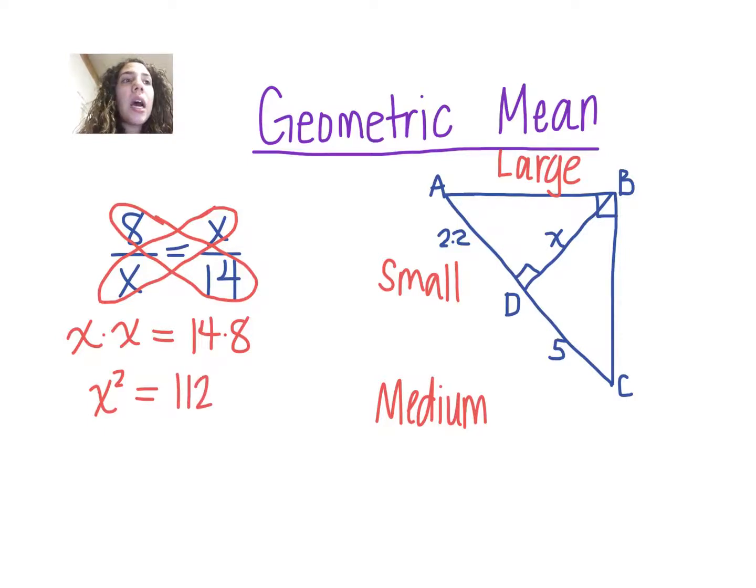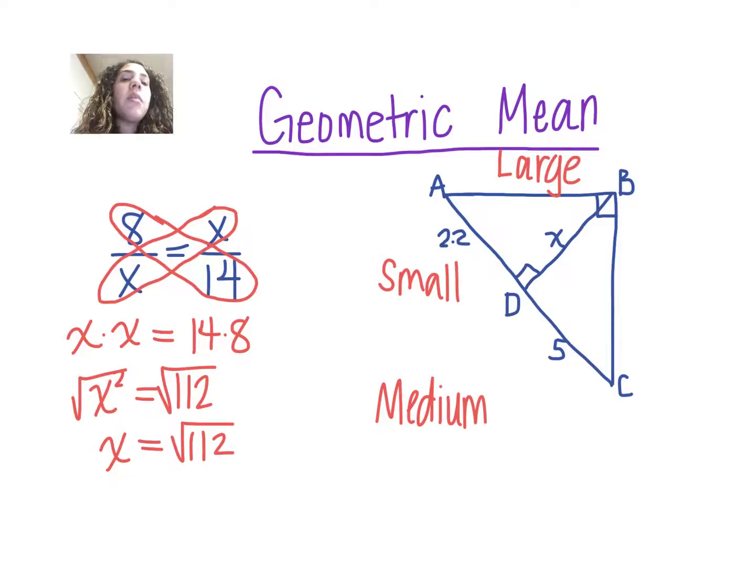So if I want to isolate and solve for just one x, I would take the square root on both sides. Since I'm solving an equation, what I do to one side, I want to do to the other side as well. So that's going to be x is equal to the square root of 112.